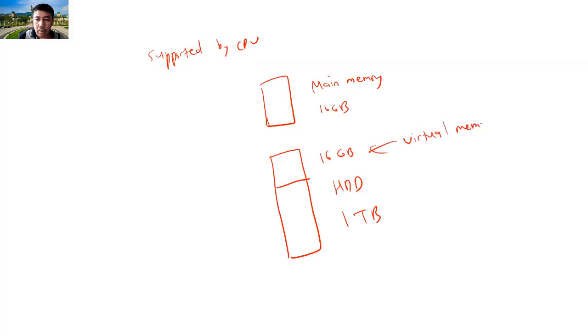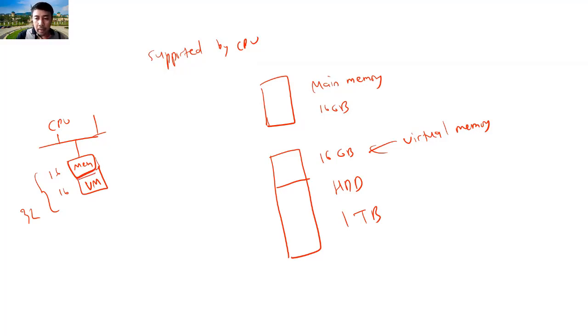You treat part of the hard drive as main memory. So the CPU will see this memory, including the virtual memory. Instead of only 16 gigabytes, now you have 16 and 16, so altogether you have 32 gigabytes. So whenever you are loading, for example, Adobe Photoshop or Adobe Premiere Pro, it is okay because now you have a bigger memory than you need.